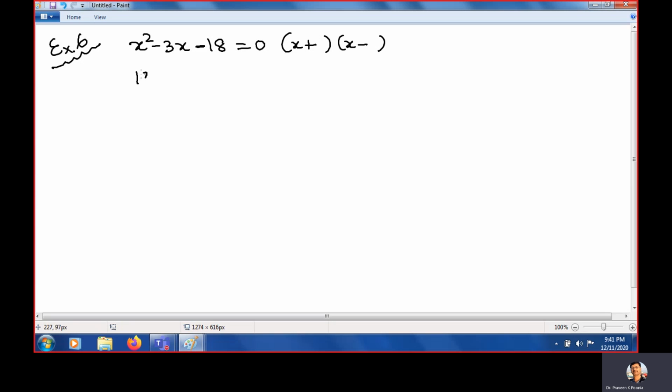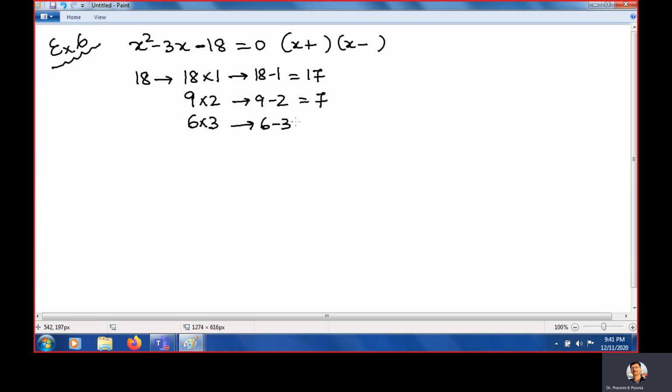Okay, now try to find the factors of 18. 18 means what? 18 times 1, 9 times 2, 6 times 3, 4 and 5 are not possible. Because it is minus, 18 minus 1 is equal to 17, 9 minus 2 is equal to 7, 6 minus 3 is equal to 3.